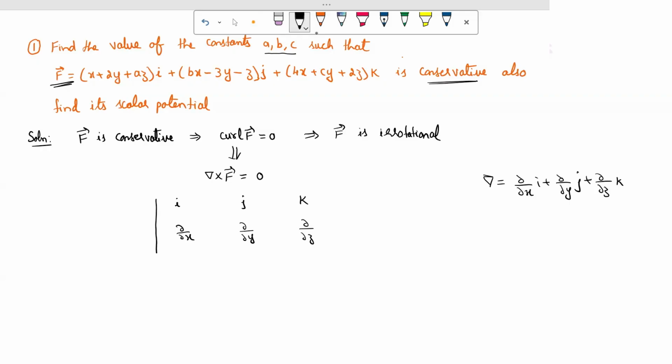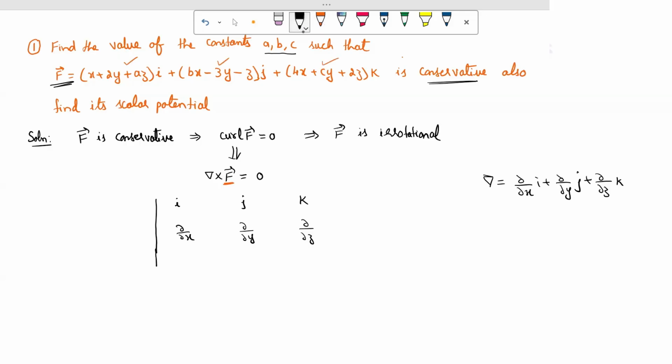Then in the last row, you write the coefficients of i, j, k of vector F.